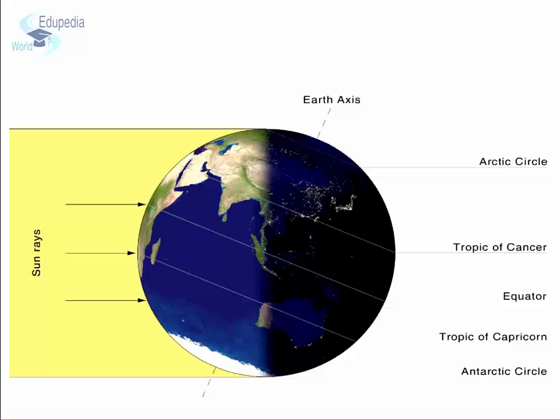The figure shows the Earth when the southern hemisphere is inclined towards the Sun. This is during December. You can easily verify that places near the equator still have days and nights of equal duration, which tells us that places near the equator will always have days and nights of equal duration.